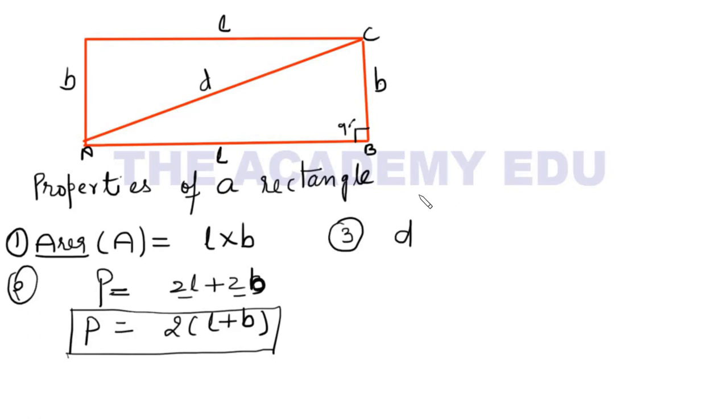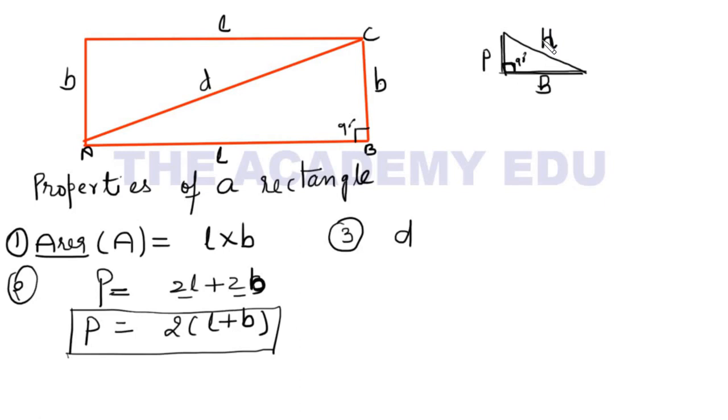So diagonal we find by applying Pythagoras theorem. So what does the Pythagoras theorem say? In a triangle, if one angle is a right angle, meaning 90 degree, this is called base, this is called perpendicular, and this is called hypotenuse.